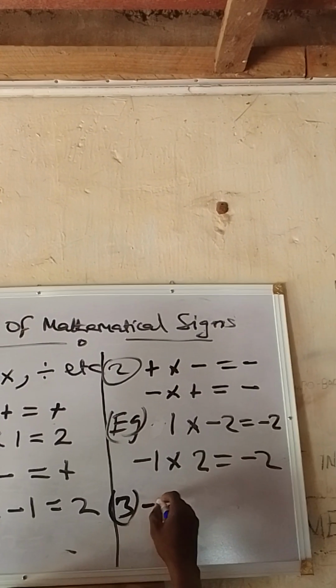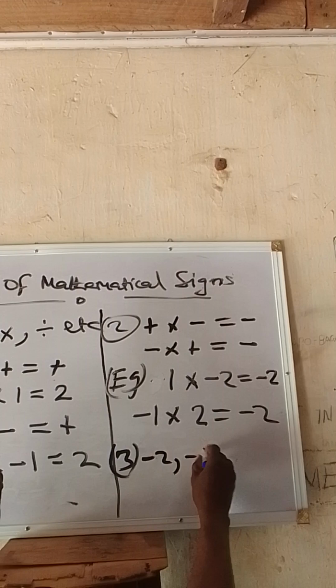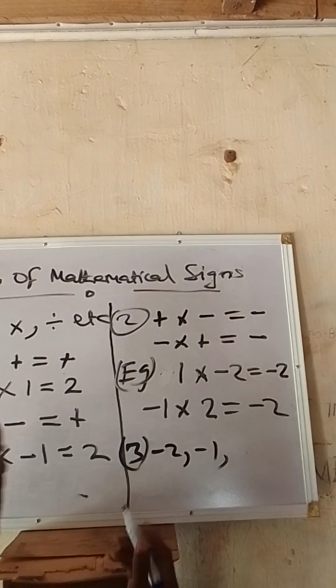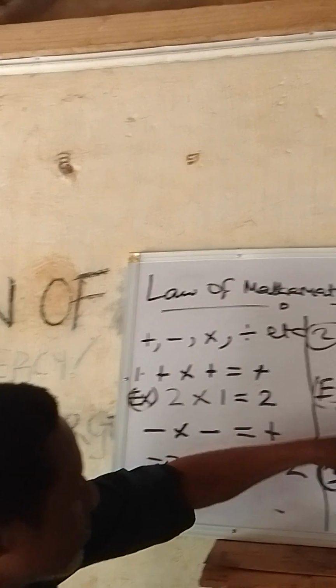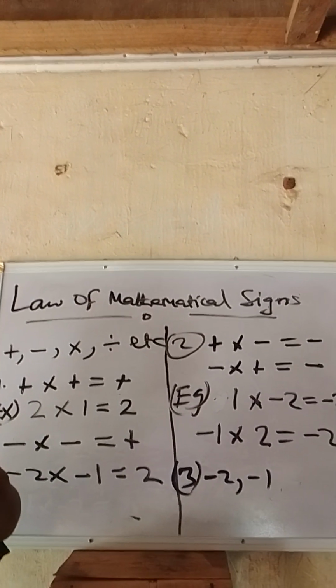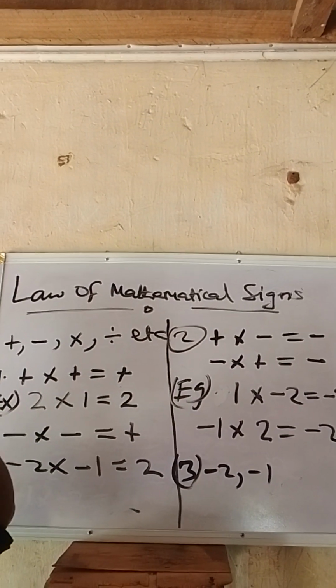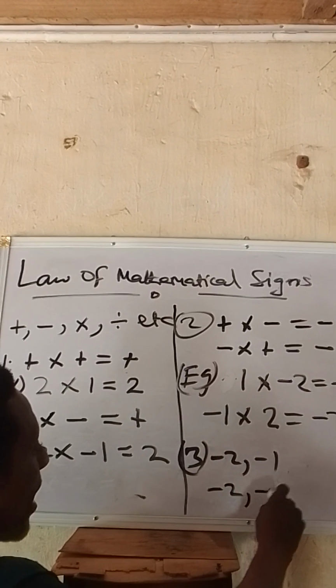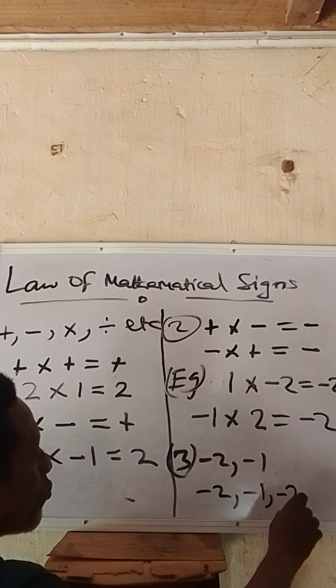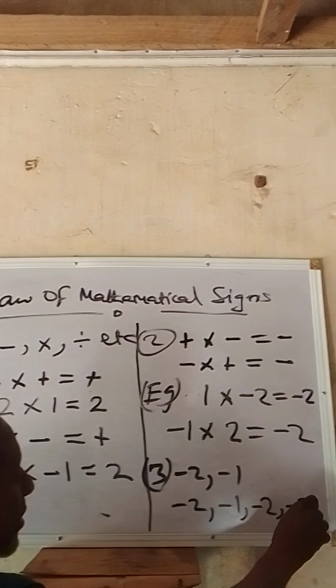For example, minus 2, minus 1. This is arranged evenly because it's 2 and 1. Negative numbers arranged sequentially in an even form. Also, minus 2, minus 1, minus 2, minus 3.